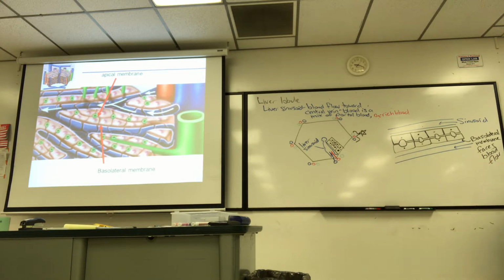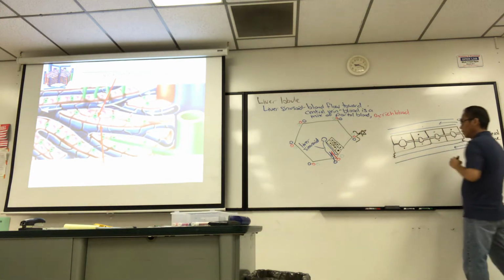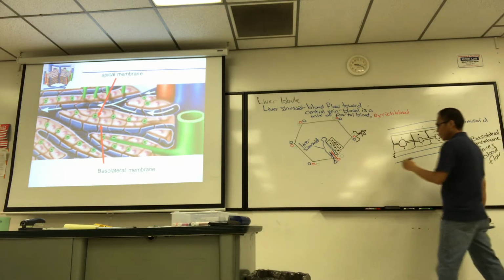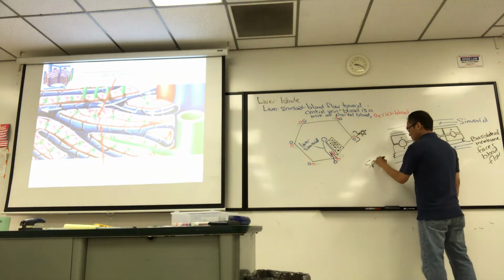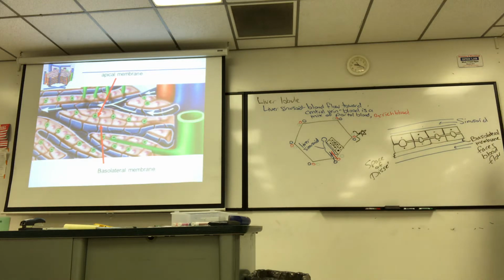They even named that space right here, the space between the sinusoid and the cell membrane is called the space of Disse, D-I-S-S-E. So that's the space on one side.